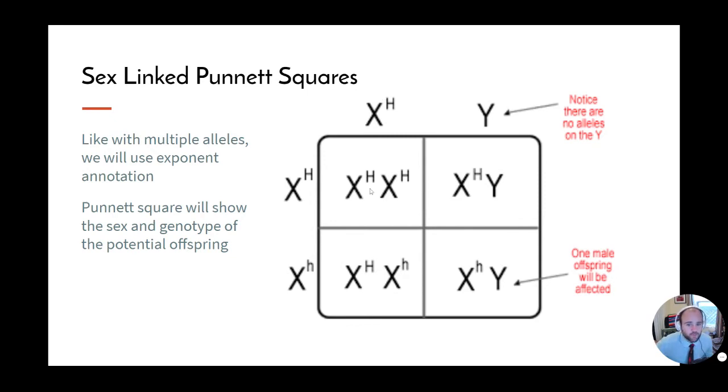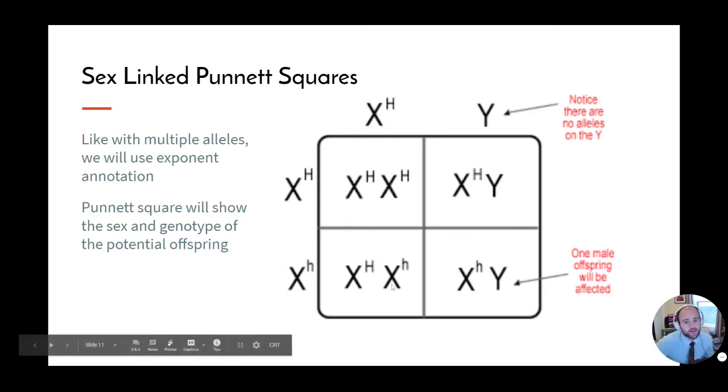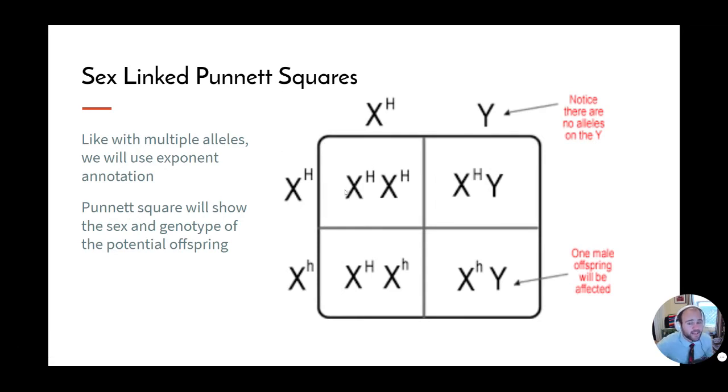And so you build it the same way, drop it down and slide it across, but we maintain those sex chromosomes because we need to know what the ratio is going to be for the males and what the ratio is going to be for the females. Because remember, one of those X comes from dad, one of those X comes from mom in females, but in males, since the dad gave the Y chromosome, the X only comes from mom.